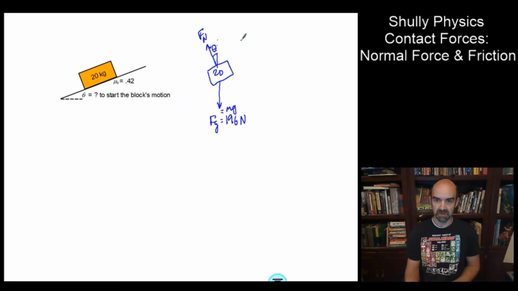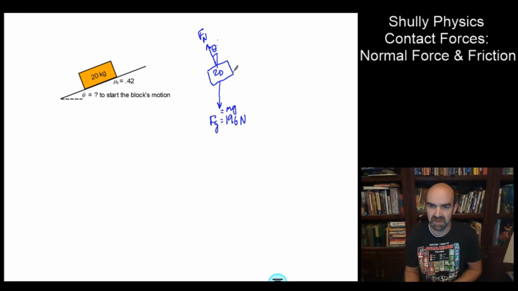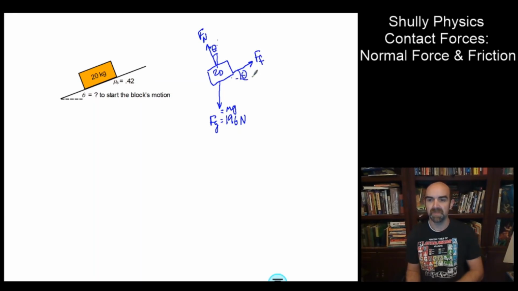Theta is the unknown. And to keep this block at rest, the static friction has to be going parallel to the surface. There's our contact force, a normal force that's perpendicular, and friction will be the parallel force. That's also theta.